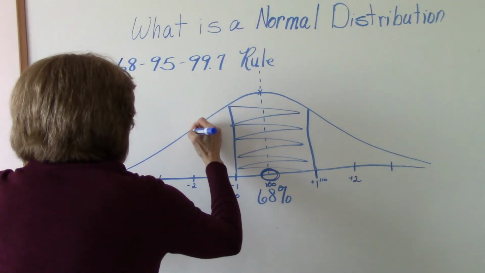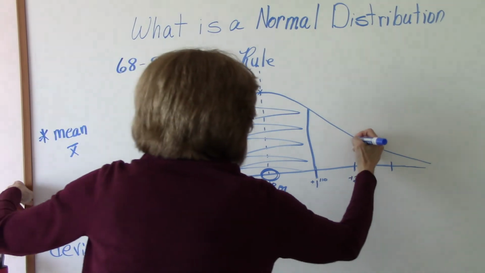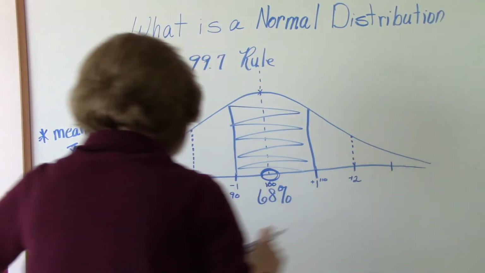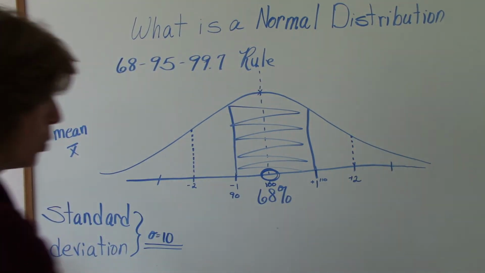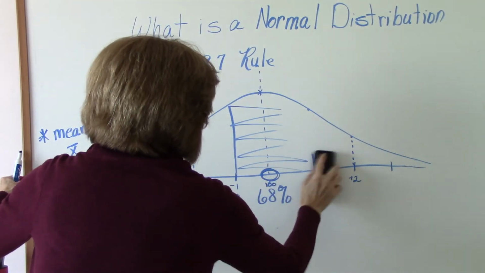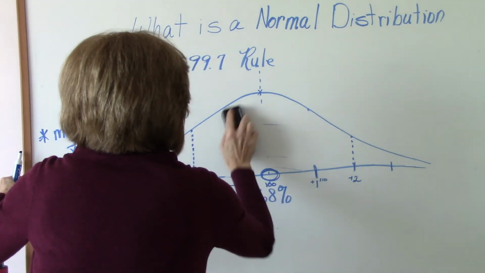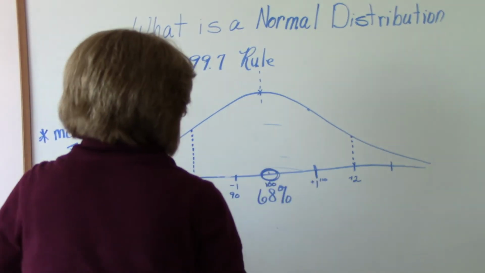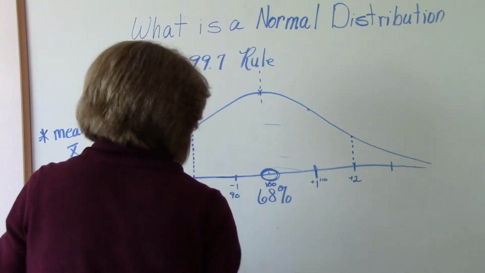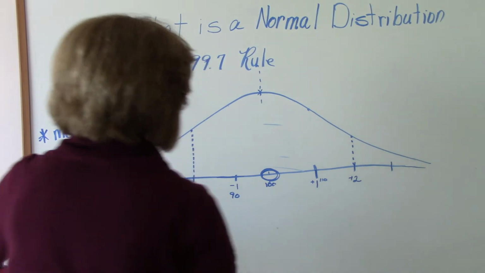So if I look from -2 up to +2. Now I'm going to erase what I have in here so it doesn't look confusing. All right. So there's our mean right there. And I am going to erase the 68% for right now.